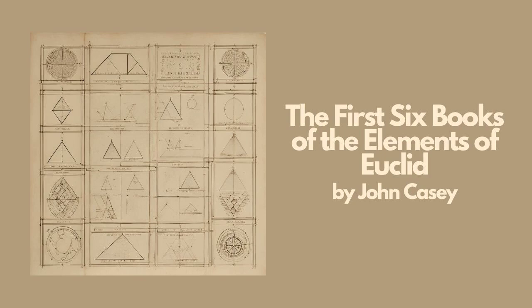Prop. 7. Theorem. If from any point P within a circle, which is not the center, lines PA, PB, PC, PD, one of which passes through the center, be drawn to the circumference, then 1. The greatest is the line PA, which passes through the center. 2.